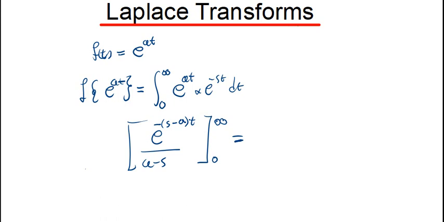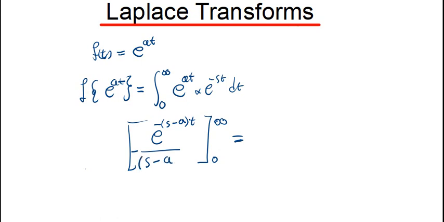But again, I feel like there's something I've forgotten here. The denominator needs to change as well. So this is supposed to be minus s, but I'll put the minus here. That would be s minus a, like that.